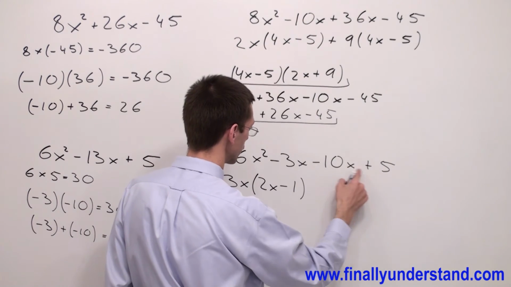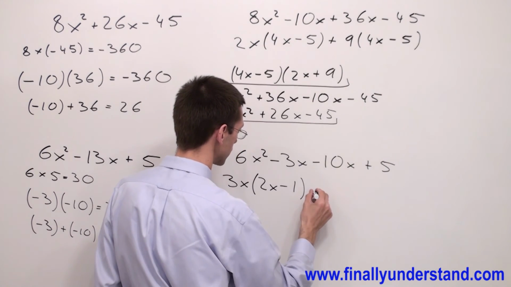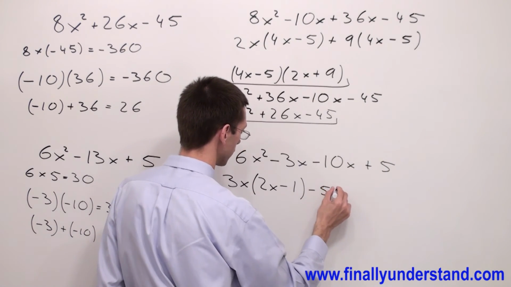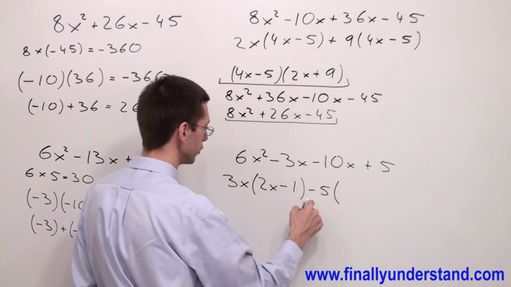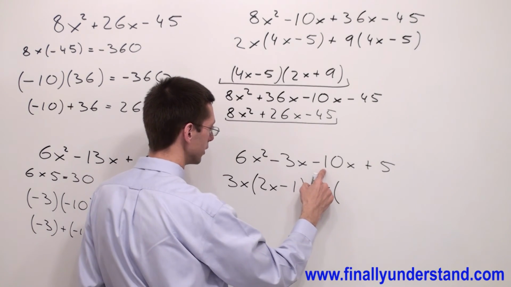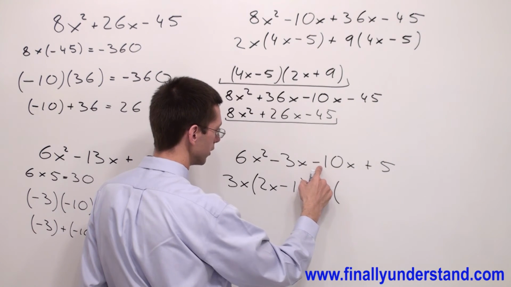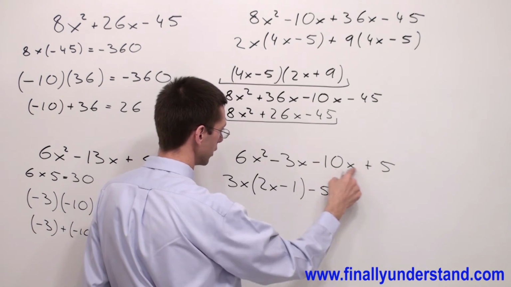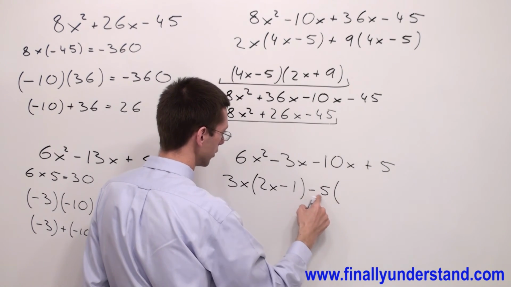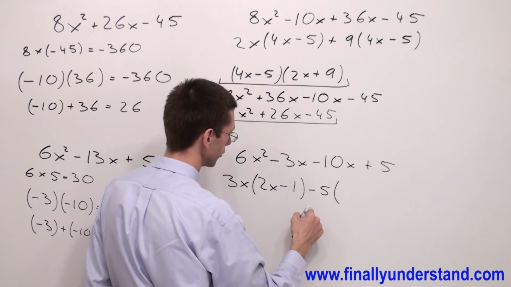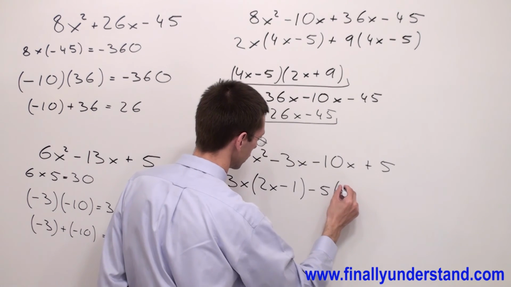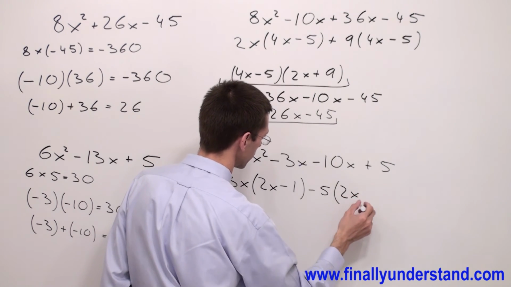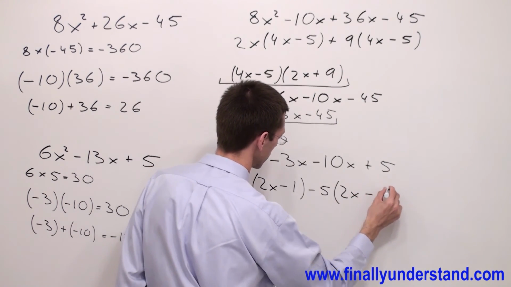From these two terms I can factorize minus 5. Why minus? Because I want to eliminate the negative sign from the x. That's why I'm going to factorize these two terms by negative 5. And inside of the parentheses I'm going to have 2x minus 1.